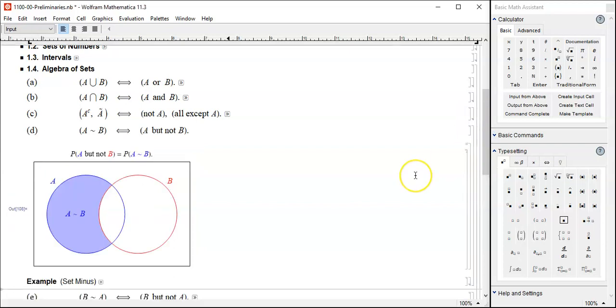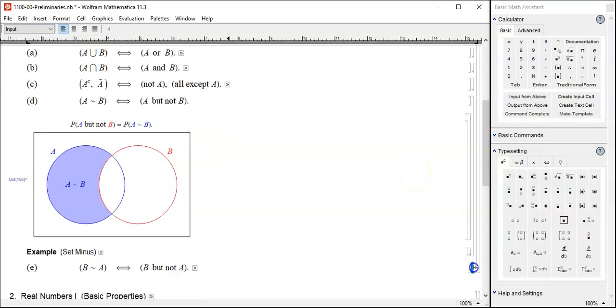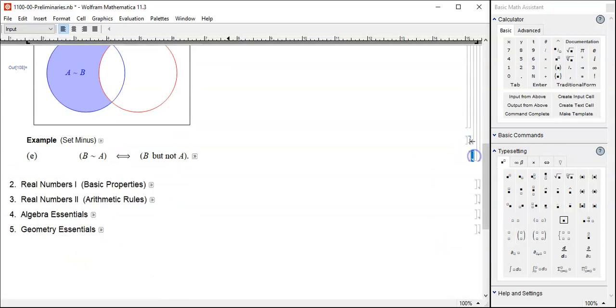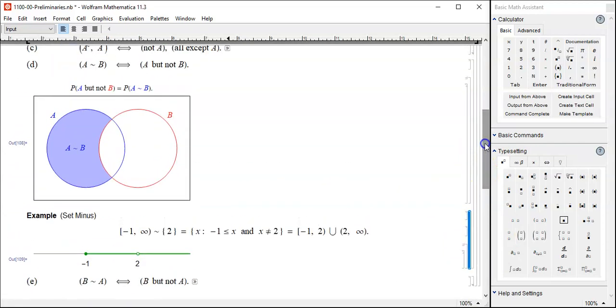Finally, the set minus. A but not B, that crescent region, or B but not A. Here's a concrete example. Belongs to this interval -1 to infinity, but not in this set. So basically I'm expunging x equals 2 out, and here's a visualization. That's out.